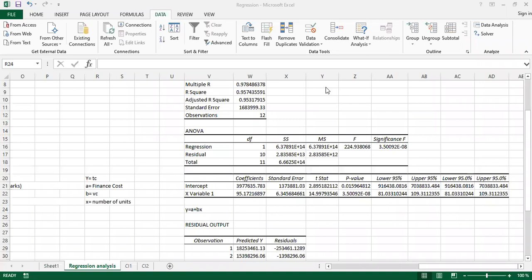So, like I was saying, the T-stat here is like the null hypothesis versus the alternate hypothesis. Actually, it measures the departure of the estimated parameter from the hypothesized value to its standard deviation.